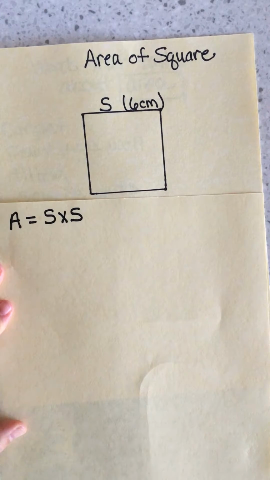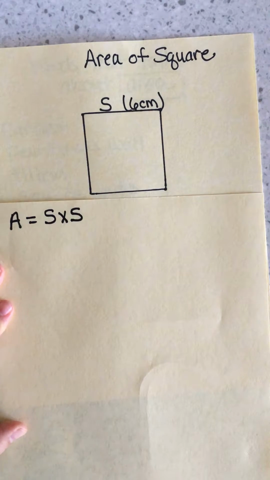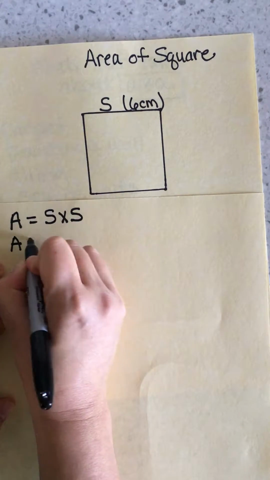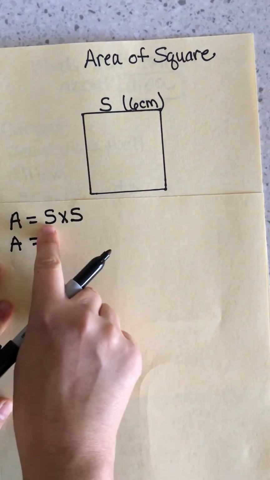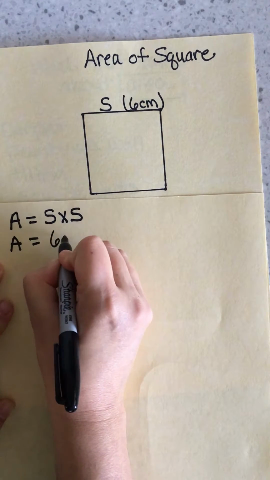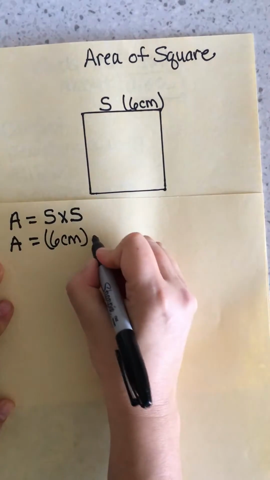Now, could we use the formula for area of a rectangle? Sure, because a square is a rectangle. But you might see this, and so you need to understand what it means. And so A, working it down, we're changing this out, would be 6 centimeters. I like to keep them in parentheses.